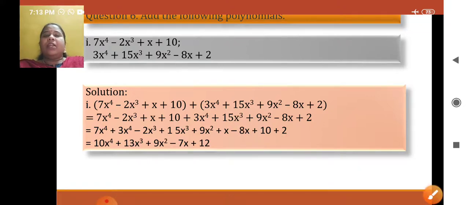So the final answer is 10x raised to 4 plus 13x cube plus 9x square minus 7x plus 12.